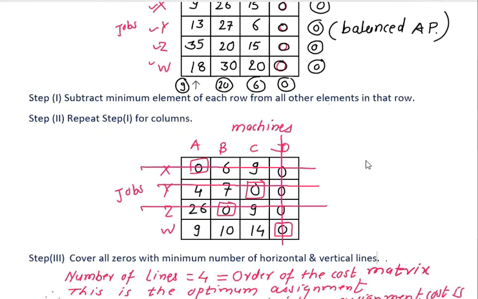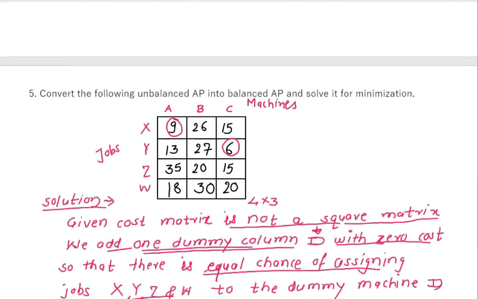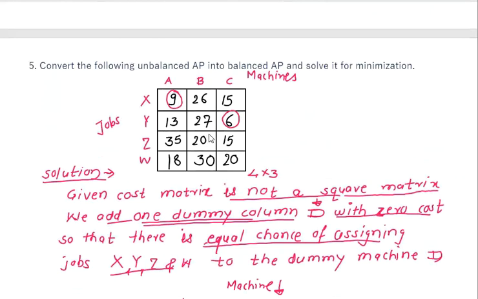And Z is assigned to B. Job Z is assigned to B, and the cost is 20. W is assigned to D, but D is a dummy machine. So to solve this problem, we have added one dummy machine to get the solution.